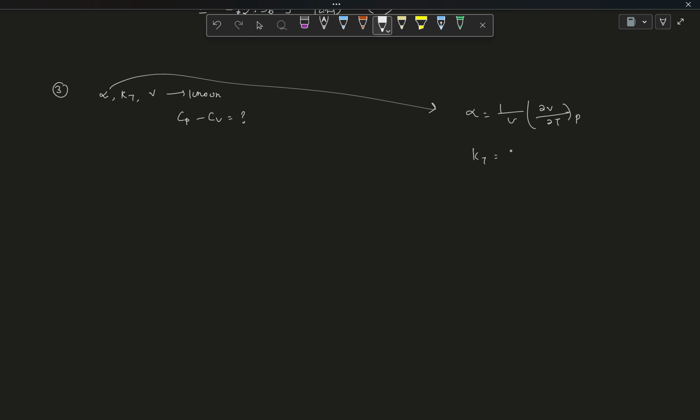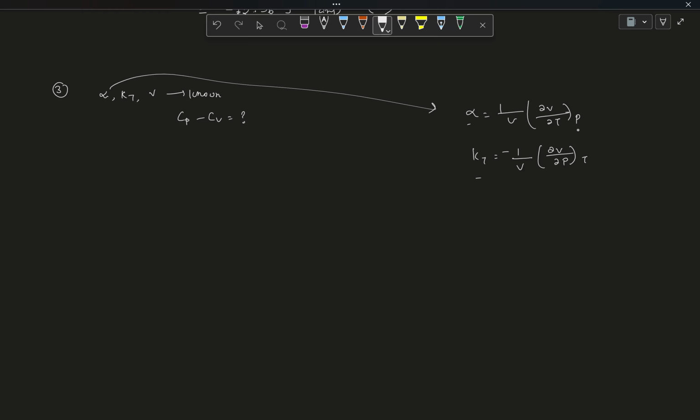Kt is isothermal compressibility. This is just like 1 by V, there will be a minus sign, and this will be with respect to pressure, so del V del P at constant temperature. So alpha and Kt are somewhat like change in volume only, but alpha is for when the volume is changing with temperature dT and pressure is constant, and in the second case Kt is when the volume is being changed with respect to pressure.